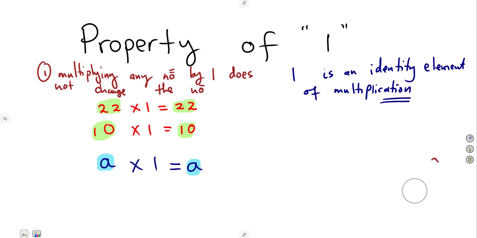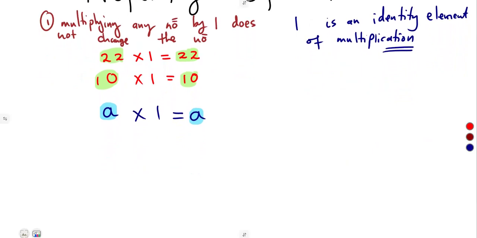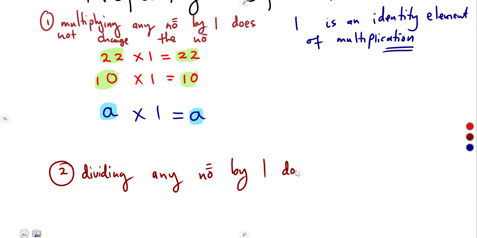So this is for multiplication, which is the same as for division again, all right? This also applies to division. So if you are to divide, dividing any number, so I'm just going to write in short, any number by 1 does not change the number.